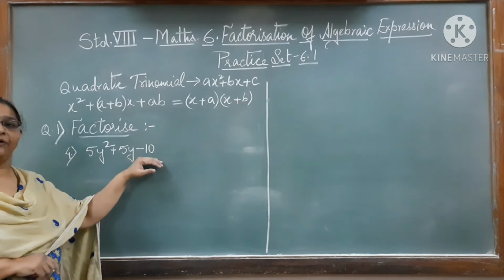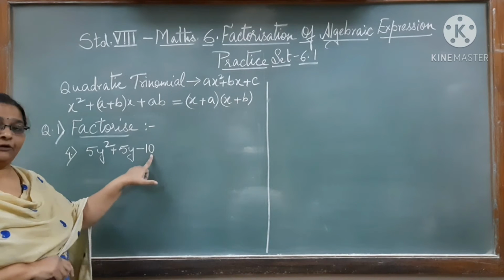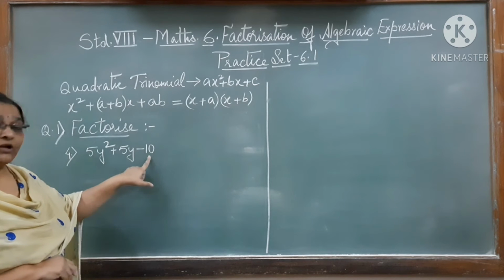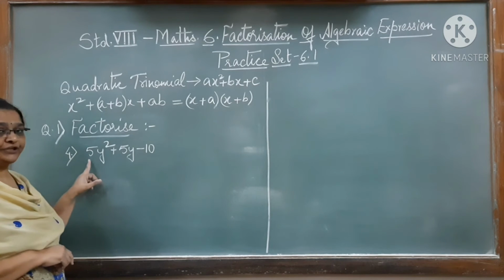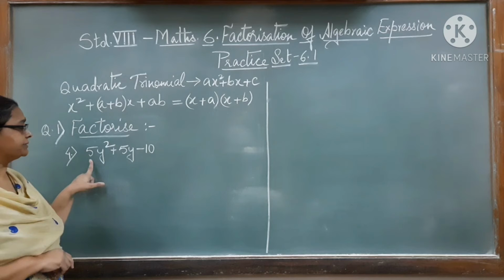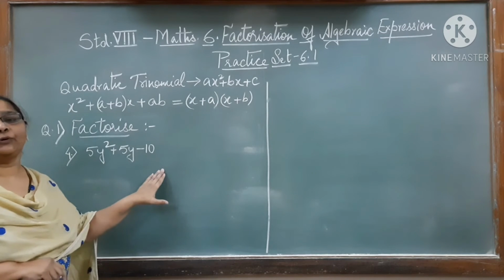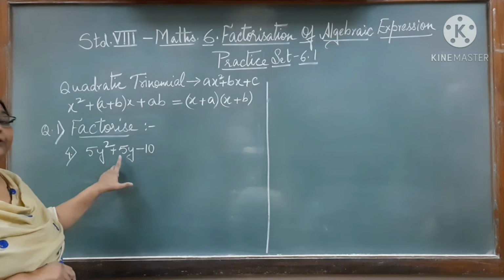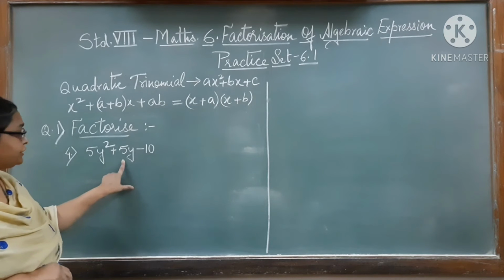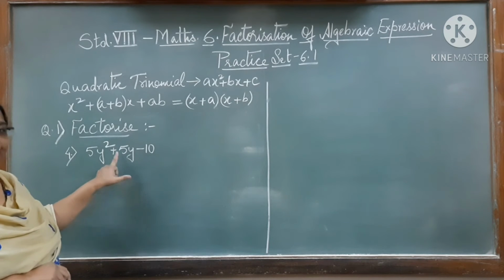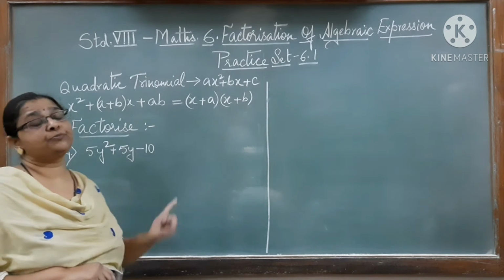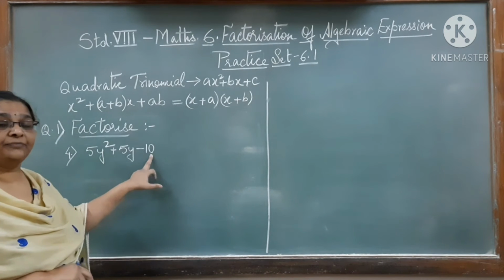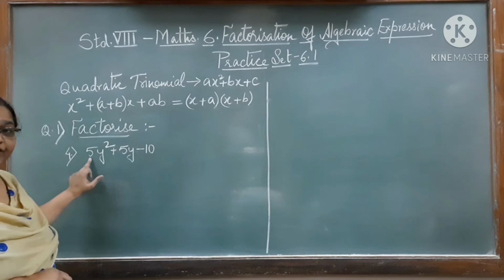Now you all know that to start with, we have to find the product of the constant term and the coefficient of the first term, which is the square term, and then find two factors in such a way that their sum should be equal to the coefficient of the middle term, here it is plus 5, and whose product should be equal to the product of the constant term and the coefficient of the first term.